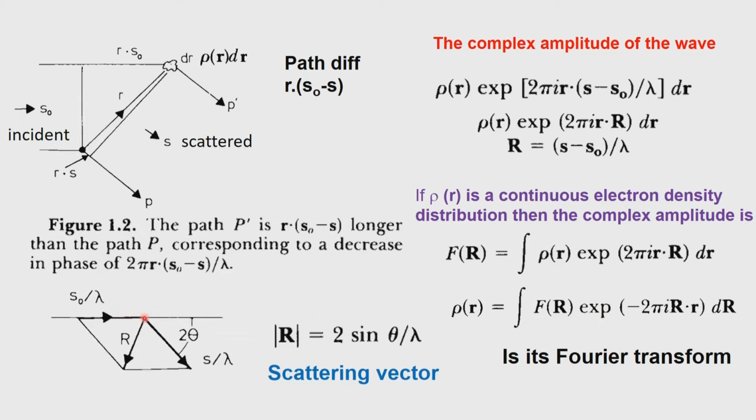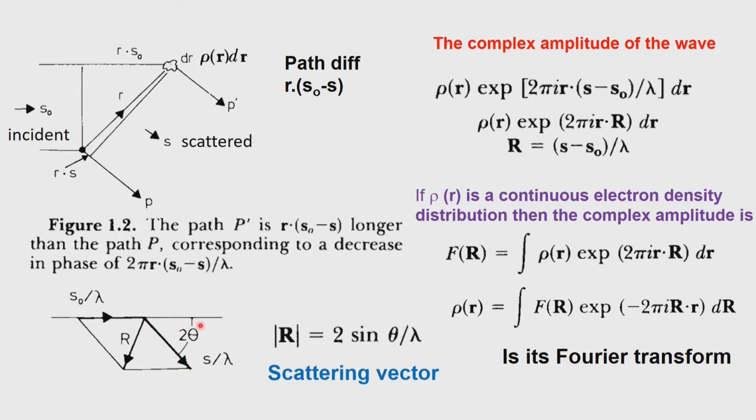Depending upon the amount of electron density present, since the energy associated with the incoming radiation is so large, most of the radiation will go through, except a little bit which will go in the direction S by lambda because of the presence of the electron density. It depends upon how much electron density is there. So, the amount of electron density decides how much scattering intensity should come. So, this goes in this particular direction.